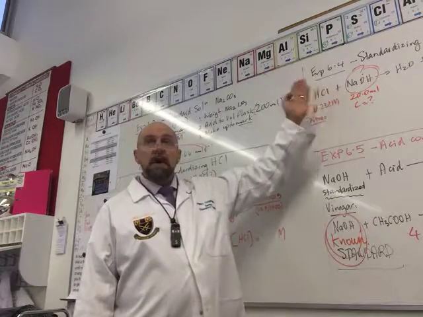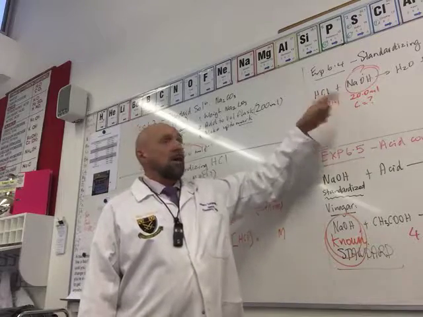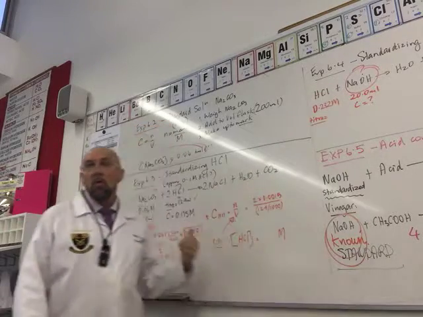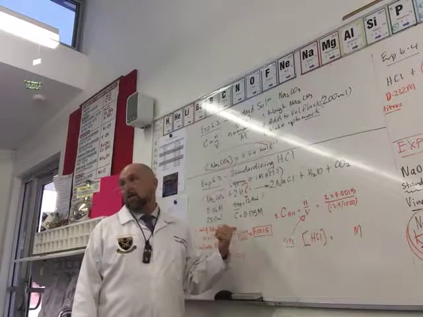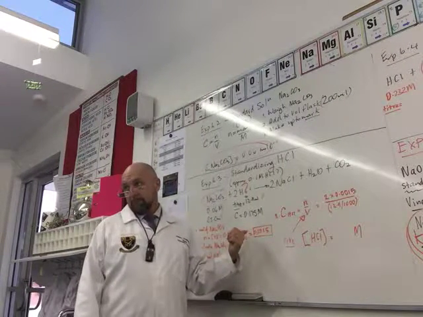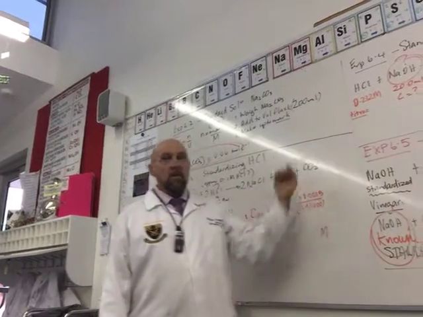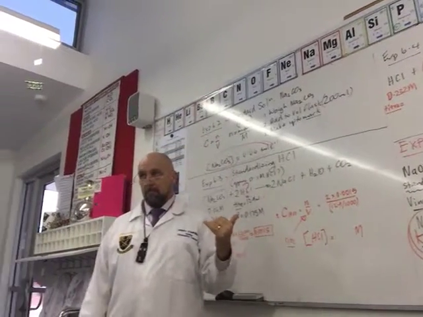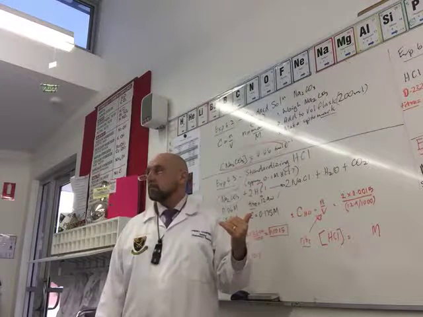Well, I had to do a standardising titration with a known HCl. How did I know the HCl? Well, that's where I had to standardise the HCl with a known base, in this case sodium carbonate. So it has this sort of ripple effect, that one experiment's dependent on the other. Okay, any questions on that?